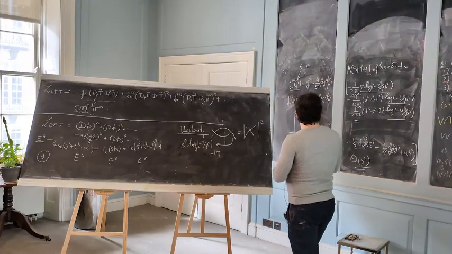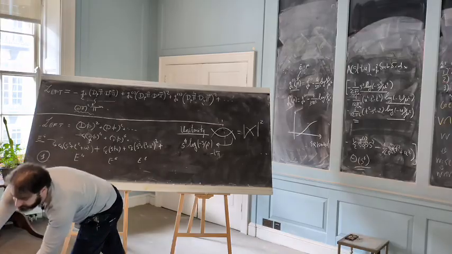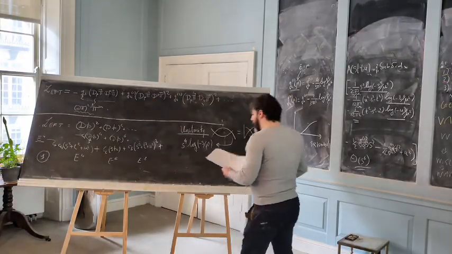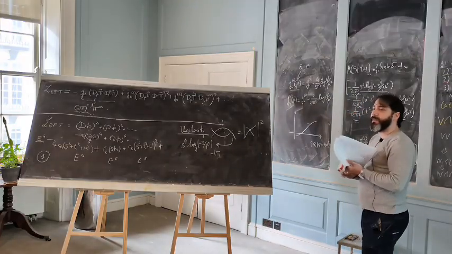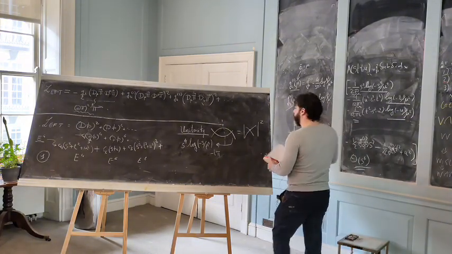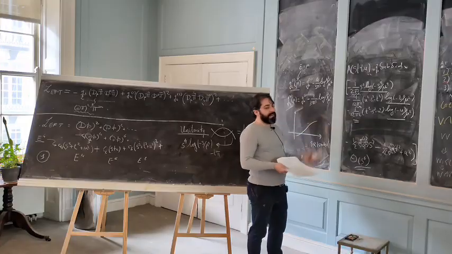Okay. And then the second comment I want to make is another beautiful observation, I think, which is that these logs are also natural from renormalization group arguments. This mu here is a little bit arbitrary, right?